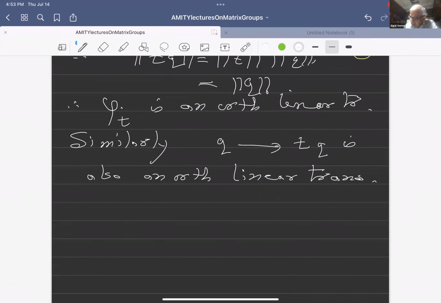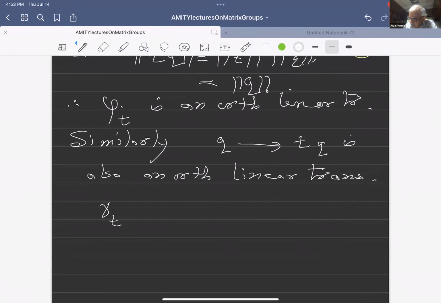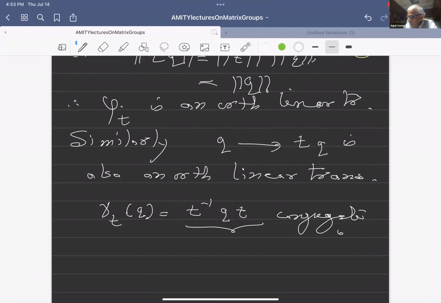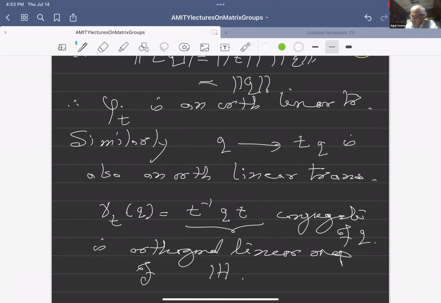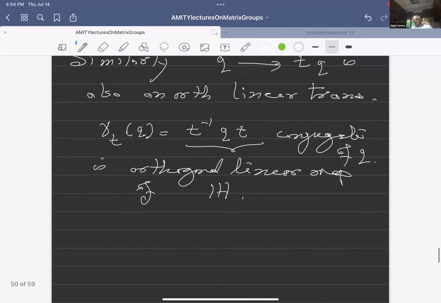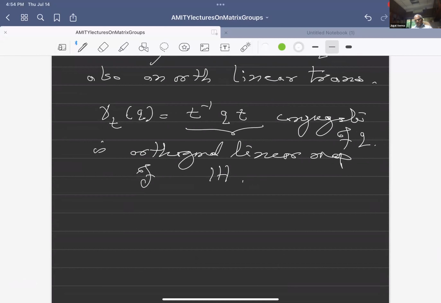So this says that if I pick a unit quaternion T, then gamma T, the map which sends q to T inverse qT, which is a conjugate of q, is an orthogonal linear map of H. H is a 4-dimensional space, and in this 4-dimensional space I am picking a unit quaternion T and taking this conjugation action on all the quaternions.